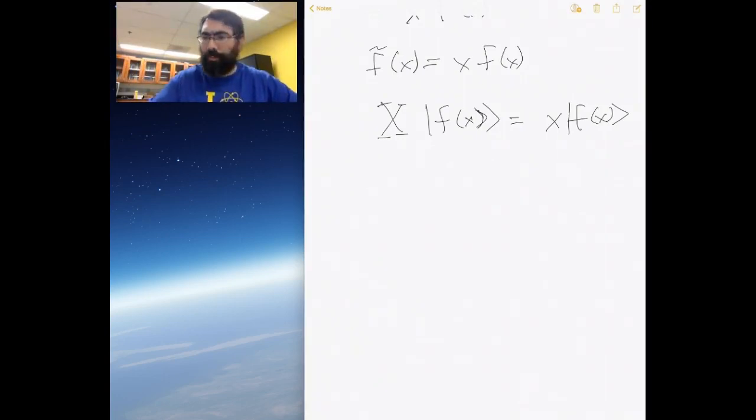So we could take a look at something like the product of K, so I have a K vector, and the X operator operating on K prime space.